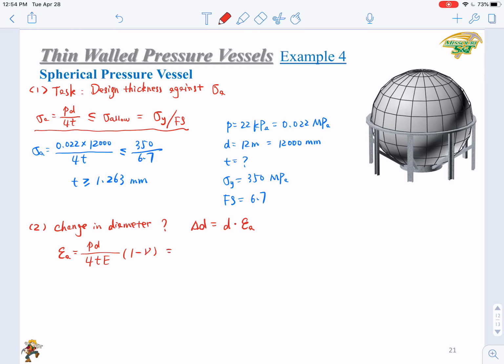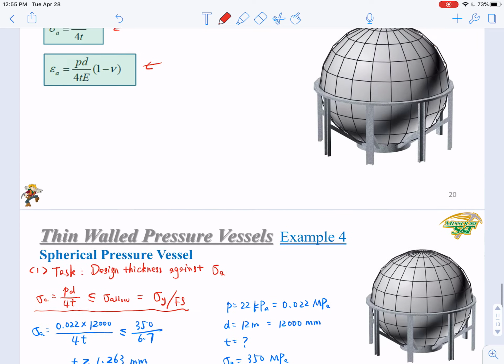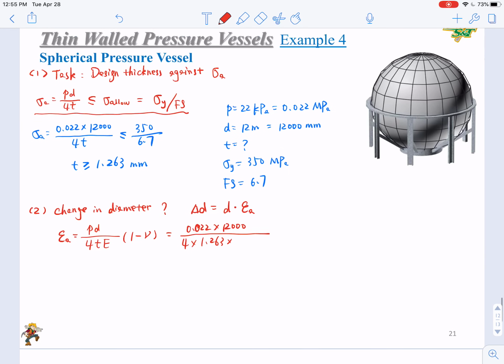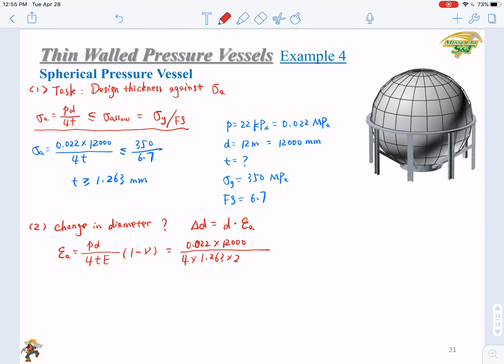Okay, so this is 0.022 times 12,000 over 4 times 1.263 millimeters times E, where E is 200 GPa and Poisson ratio is 0.3. So here we have 200,000 MPa times 1 minus 0.3.